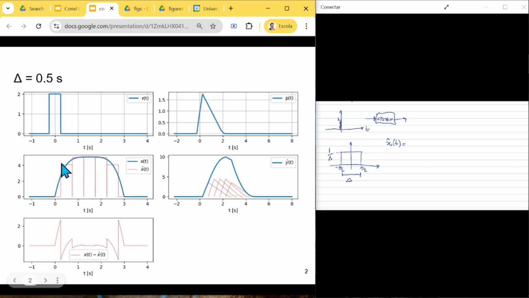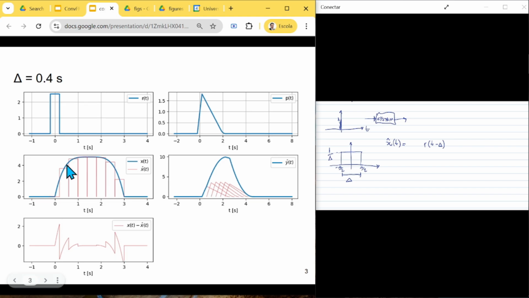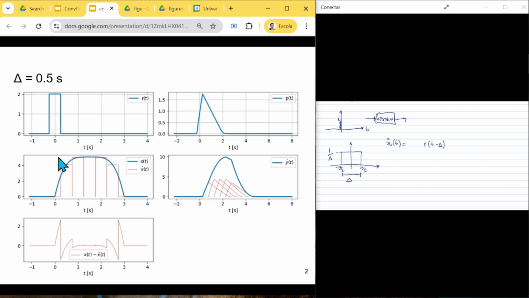So this one, for instance, it is r of t minus delta, because here the r of t is being multiplied by 0, so it's 0 if we get the first non-zero, it's this one. This guy is r of t minus delta, and recall that the amplitude of r of t is, in this case, 2.